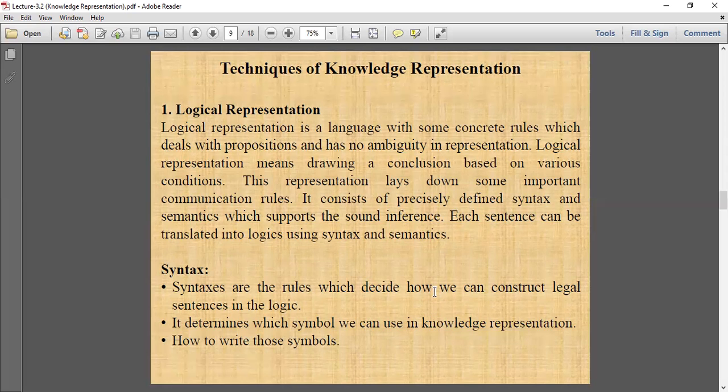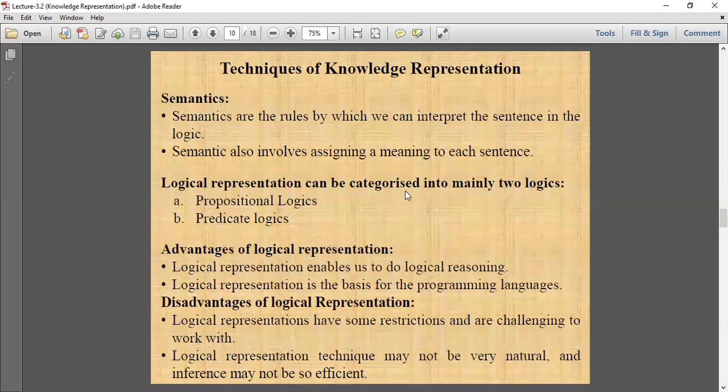Each sentence can be translated into logic using syntax and semantics. Syntax are the rules which decide how we can construct a legal sentence in the logic. It determines which symbols we can use in knowledge representation and how to write those symbols.